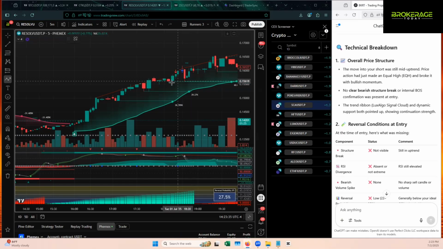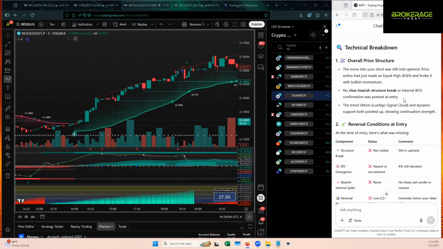And the other thing that we could have looked at is that volume on that candle was lower. So typically in a reversal, if you're trying to trade a blow off top or when it's really overextended and oversold, you're going to see a huge spike in volume that will show you that it's going the other way. So here GPT is recommending the fact that price had made an equal high and there was no clear bearish structure break.